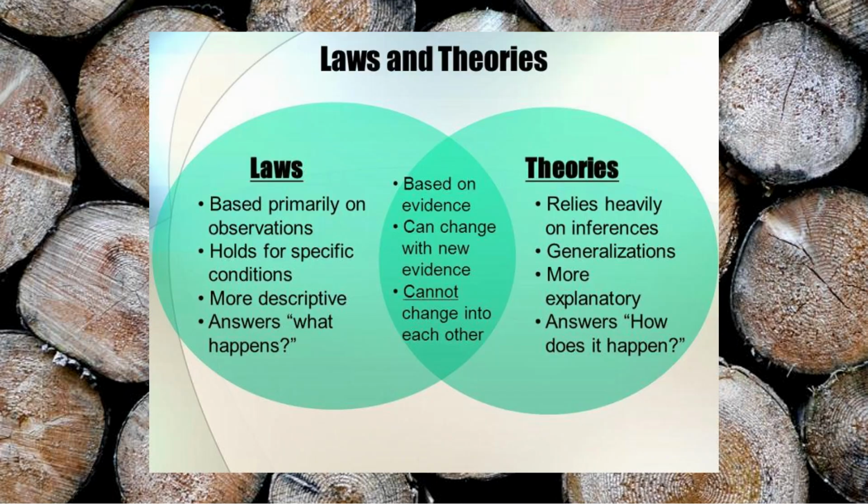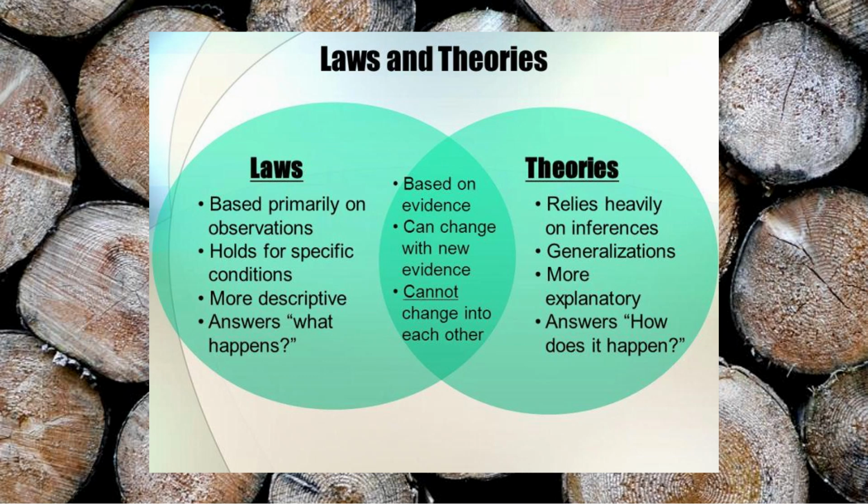So I just wanted to put up this Venn diagram just to kind of show you the difference between laws and theories and kind of where they overlap. Where they overlap is they're both based on evidence. They can both change with new evidence. We've talked about scientific thinking is always changing, but they can't change into one another. So theories rely heavily on inferences, more generalizations.